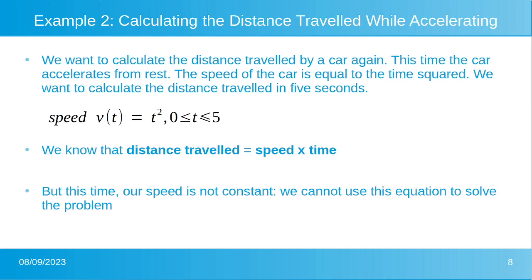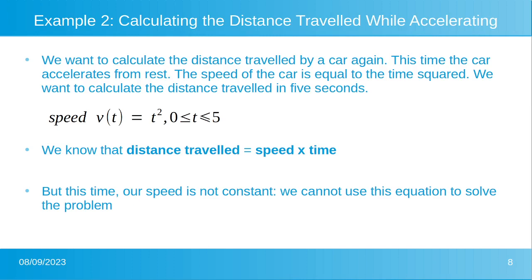Now we know that distance traveled is equal to speed multiplied by time, but this time our speed is not constant, so we cannot use this equation to solve the problem. At a time of 0, our speed is equal to 0. At a time of 1, our speed is equal to 1 squared, which is 1 meter per second.